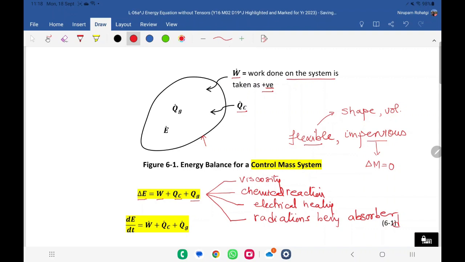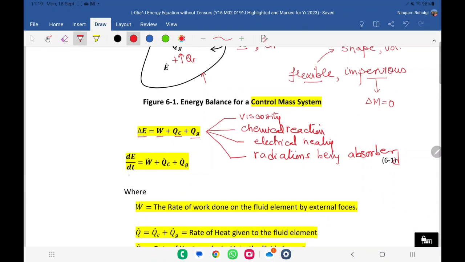We can take it as radiation coming from outside, then we have to add it here, QR, or we can take it here as being absorbed. It depends how we take it. The only thing we have to see is that the energy coming from outside is positive.